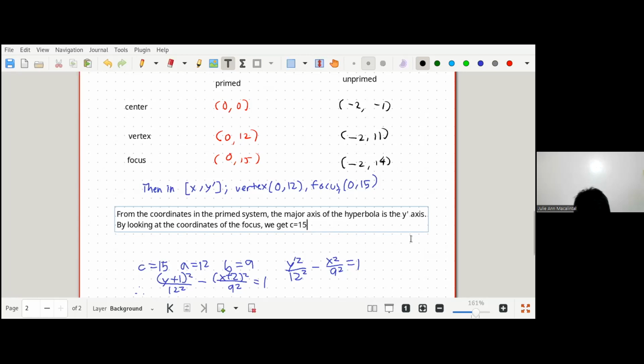So that's how you got C. And to get A, paano naman nakukuha yun? To get A, substitute into the equation of the hyperbola.